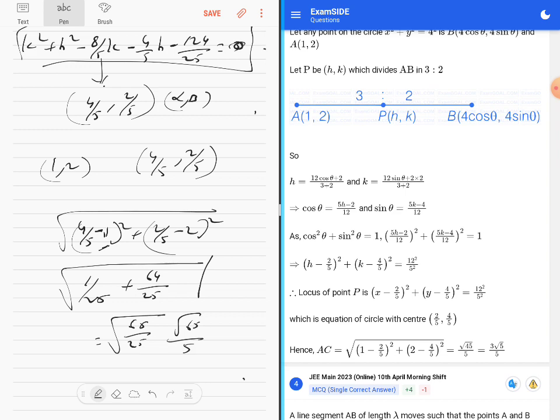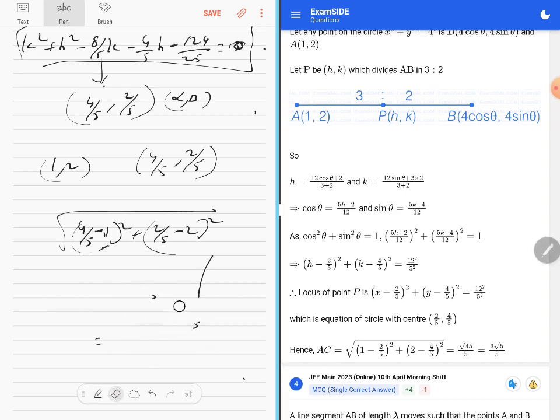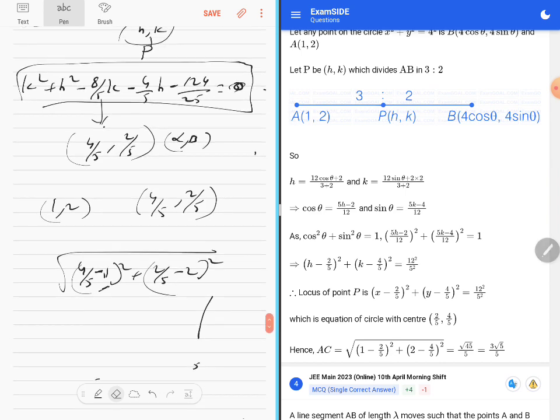Why is that I'm getting this? Is the point correct? I think I have messed up here. It's h and k, so it has to be k square plus h square minus 4 by 5, so the centers have to be interchanged. It's 2 by 5 and 4 by 5. Oh God. Okay, so 2 by 5 and 4 by 5.